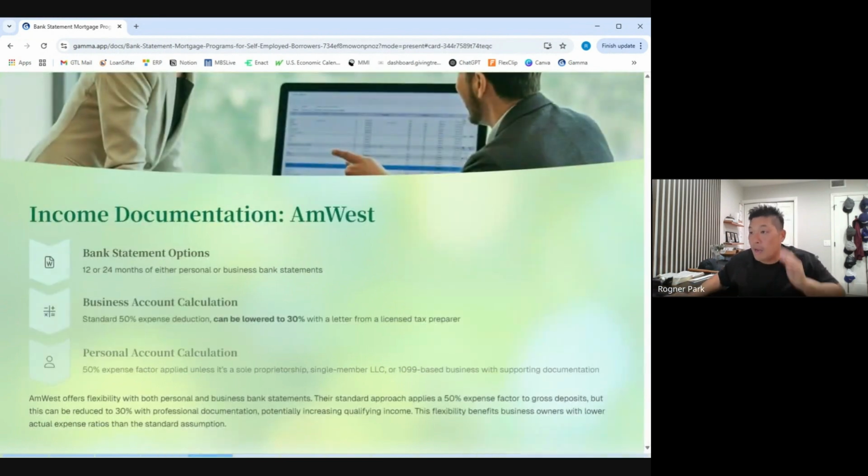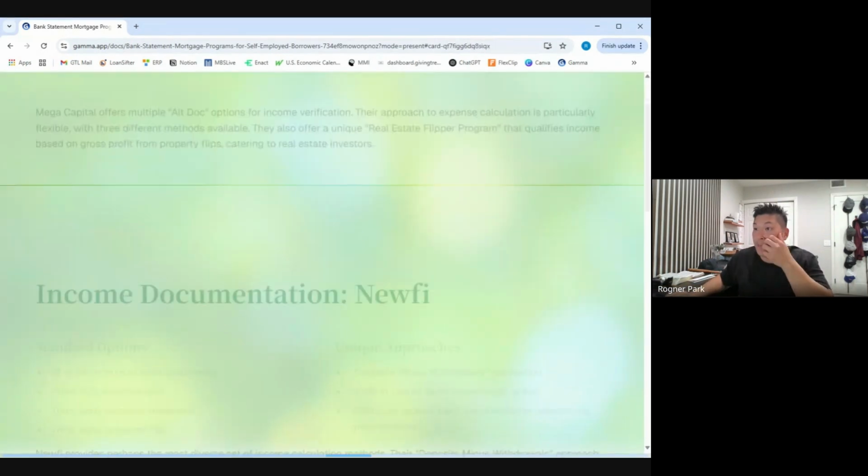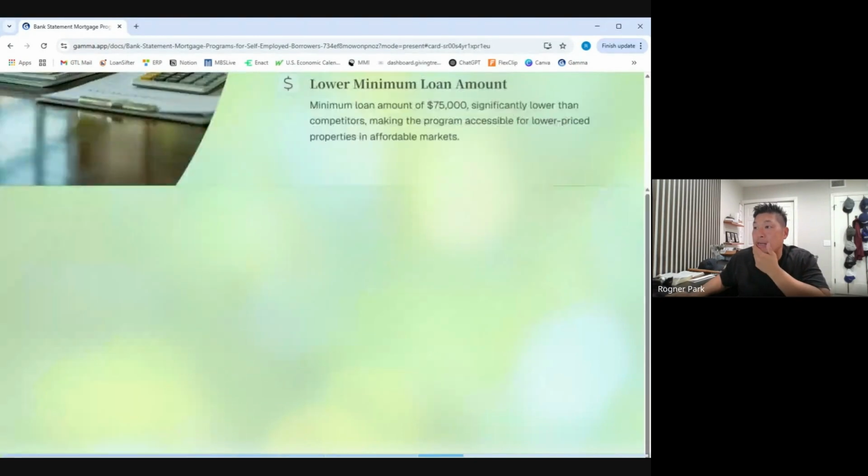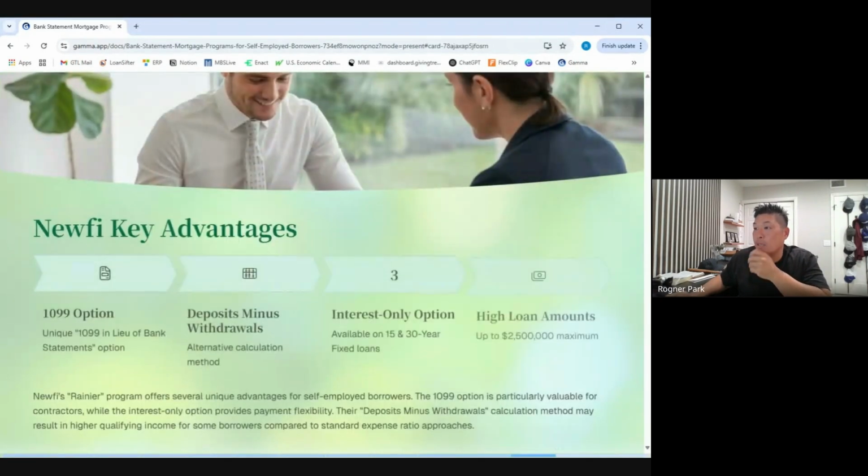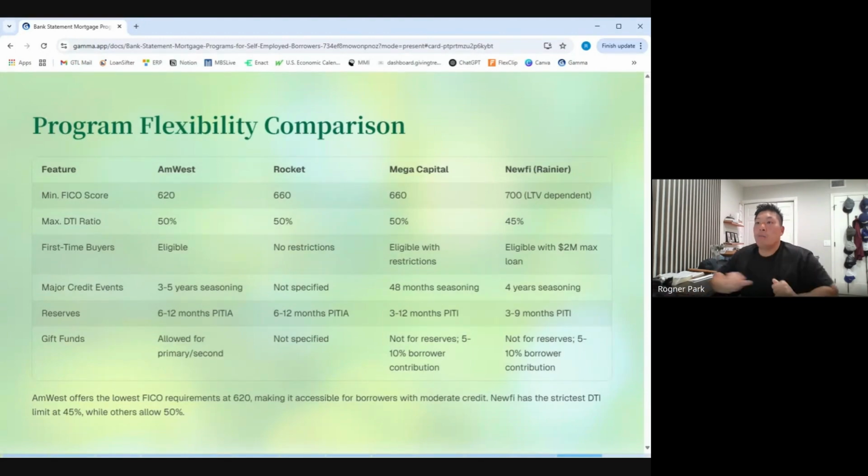Okay. I'm going to skip through the income documentation and just go to the matrix, for the sake of time too. So here's a chart I want you guys to look at, and this is why we wanted to do a deeper dive, because lenders offer different thresholds when it comes to their ratio, the DTI, their FICO, and especially the reserves.